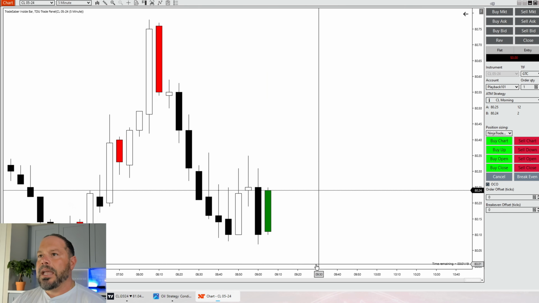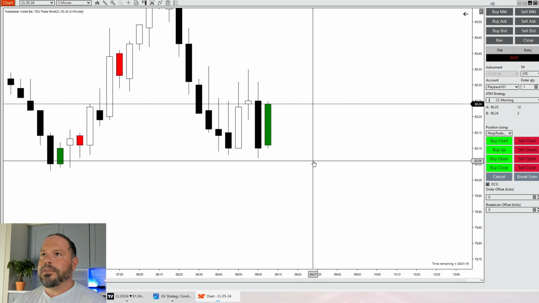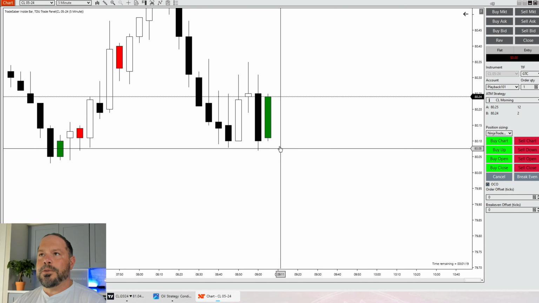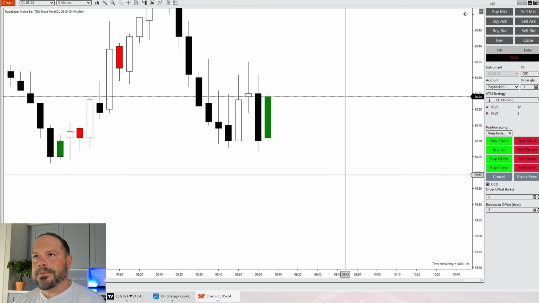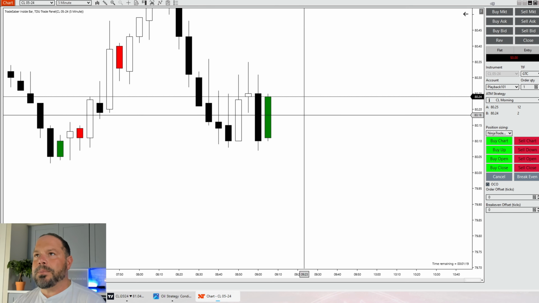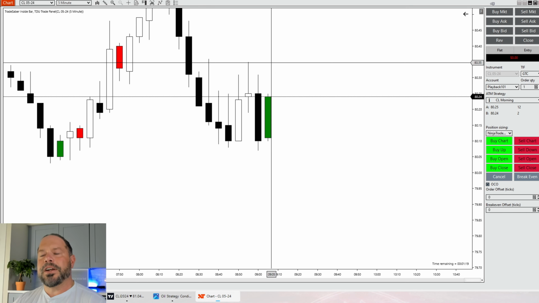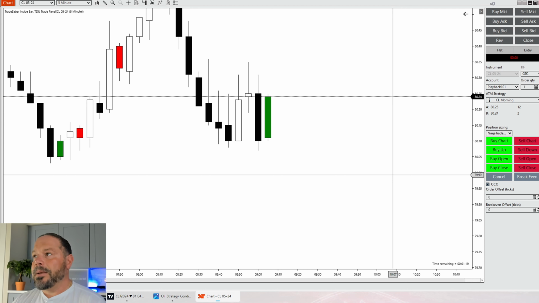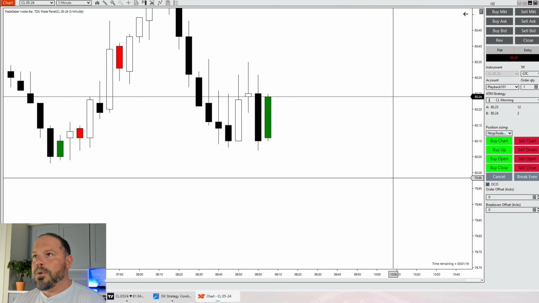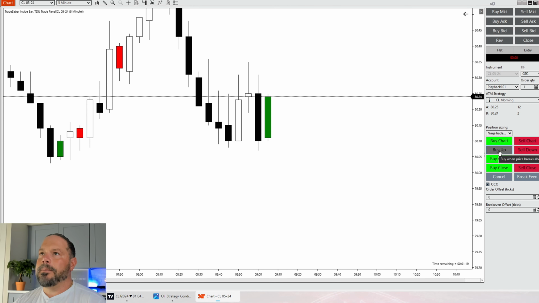Let's just say that you've got 5 seconds left on this candle. I'm just going to blow this up so we can all see it. I would assume that this is going to be an inside bar. In 5 seconds, it would be very difficult for price action to go very, very quickly. Sometimes it does, but literally within a second, I can get into this trade by pressing buy up. Order submitted.